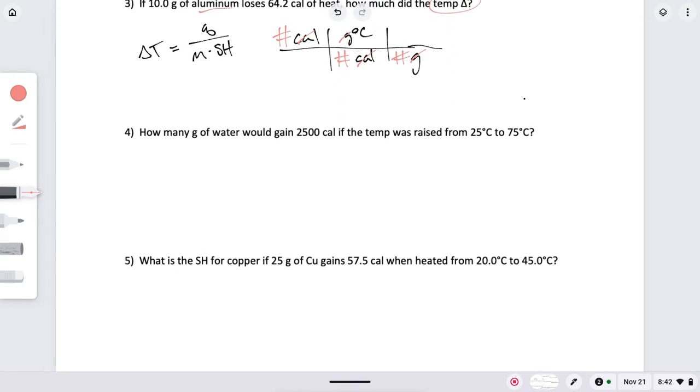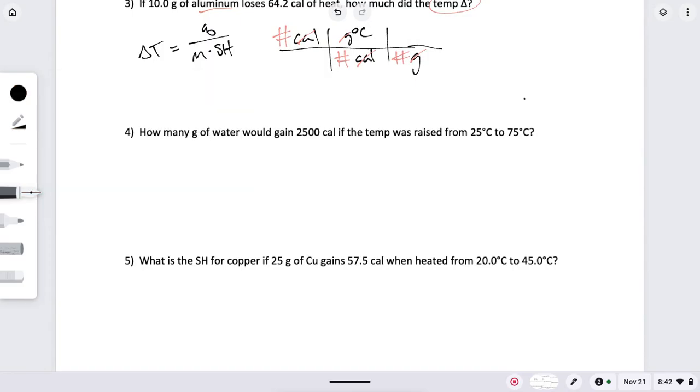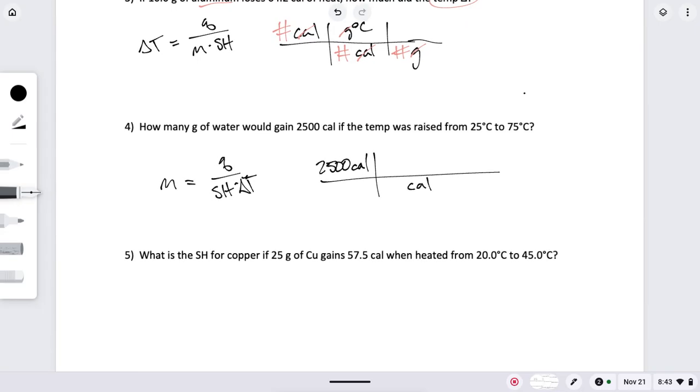Whereas if I want to solve for grams, this problem, I'm solving for mass. Mass should be Q divided by a specific heat and a change in temperature. Again, if I'm just setting this up, it should make sense. If I'm given calories, I should divide by my specific heat because it'll have calories on the bottom.